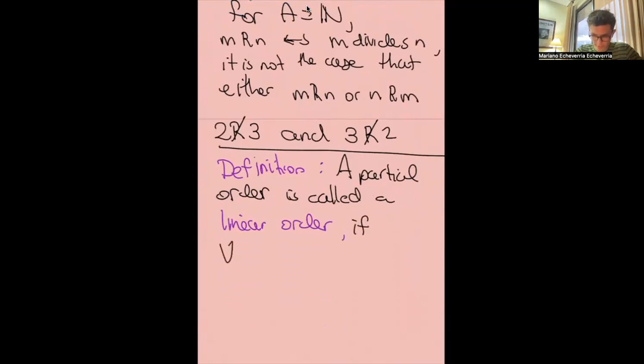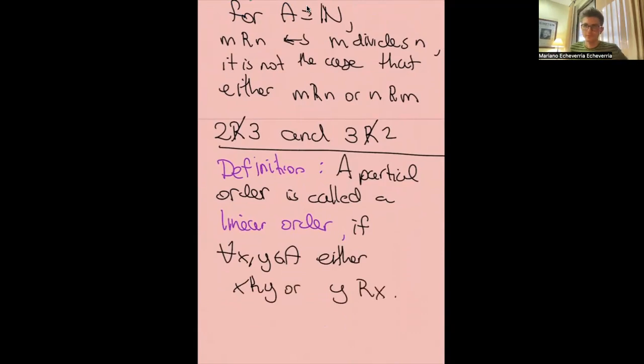If for every x and y in A, either x is related to y or y is related to x.